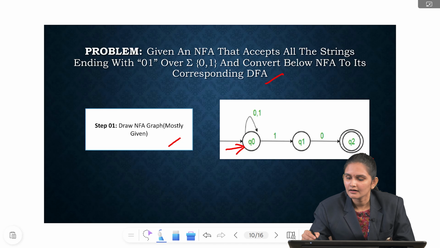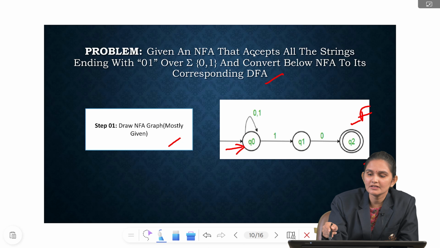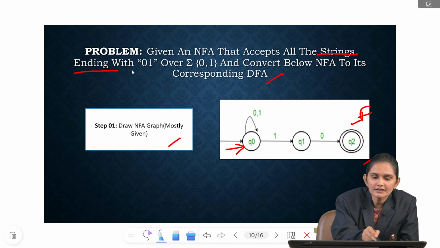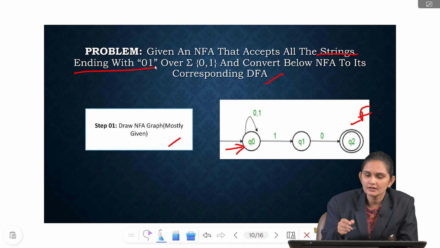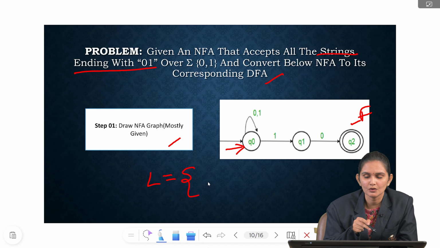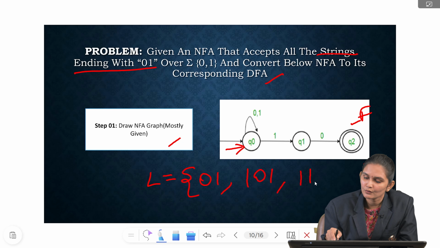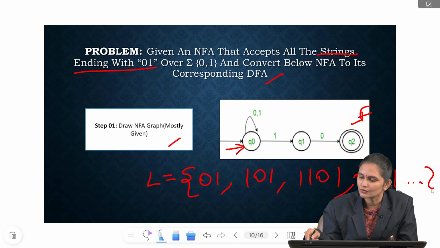Then a double circle means it is a final state. So here our question is, it has to accept the strings ending with 01. So the language here could be 01, 101, 1101, 001 and so on.